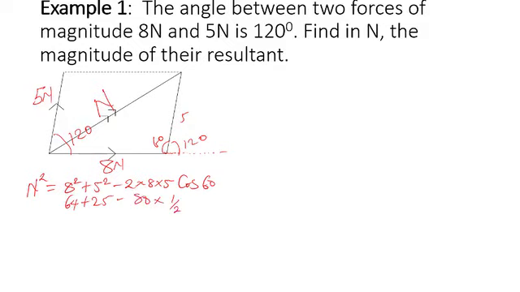So 25 plus 64 is 89, minus 80 times half, which is 40. Our n squared is equal to 49, so n is the square root of 49, which is 7. The magnitude of the resultant is 7 Newton.